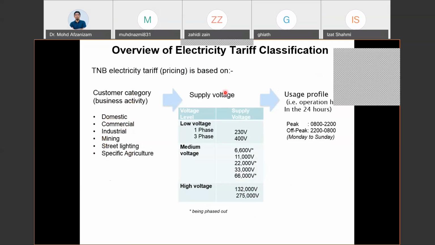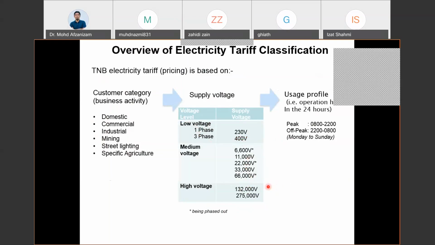Next, the supply voltage. You have to check whether your company or organization uses one phase or three phase, because it will cost you different charges and different tariffs. Low voltage is one or three phase, 230 and 400 volts; medium voltage ranges from 6,000 to 66,000; and high voltage from 132 up to 375 kV.